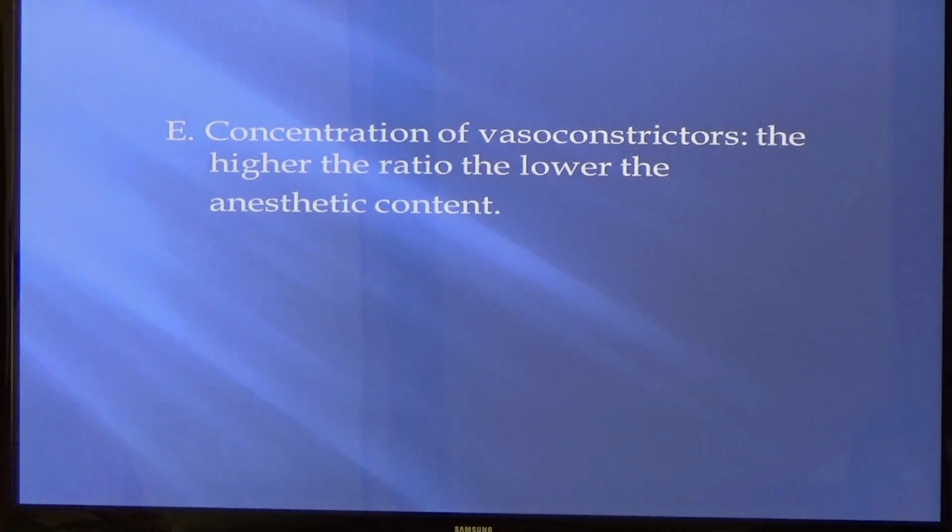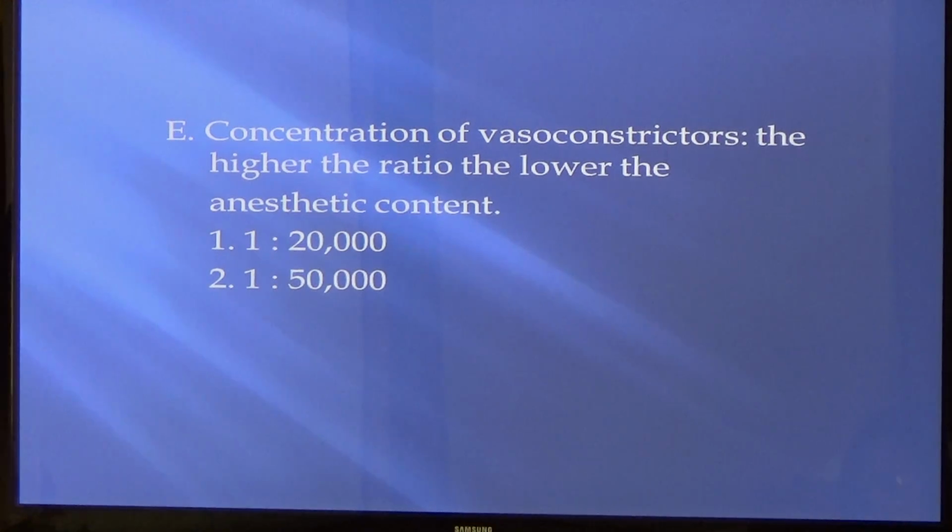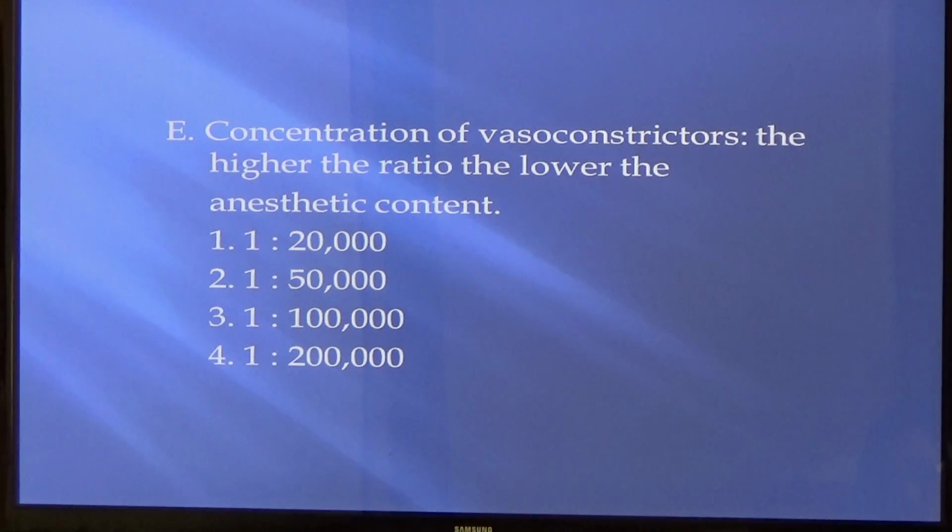The concentration of vasoconstrictors: the higher the ratio, the lower the concentration. So 1 to 20,000, 1 to 50,000, and 1 to 200,000.